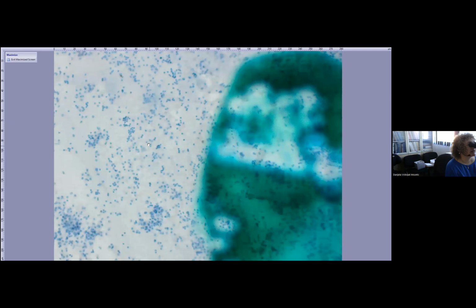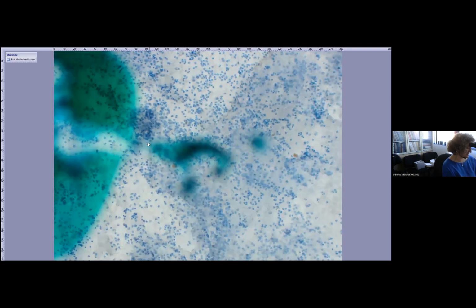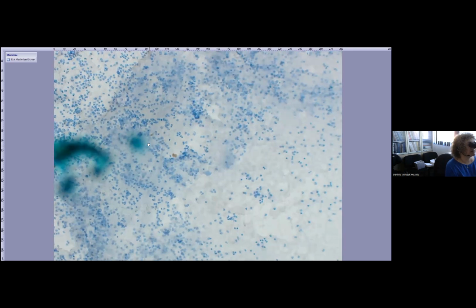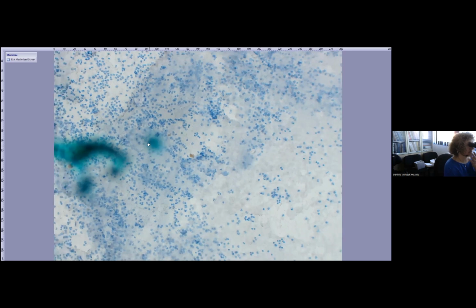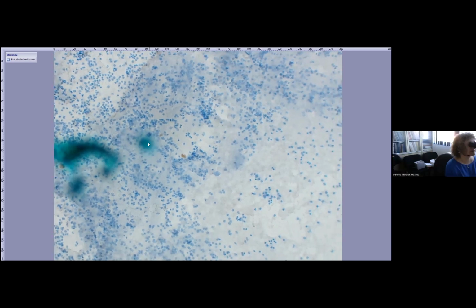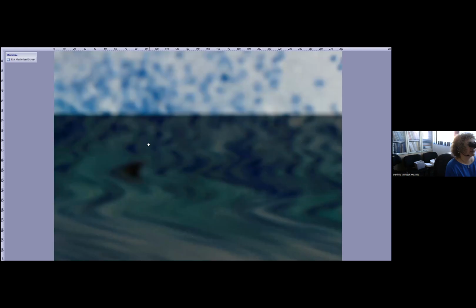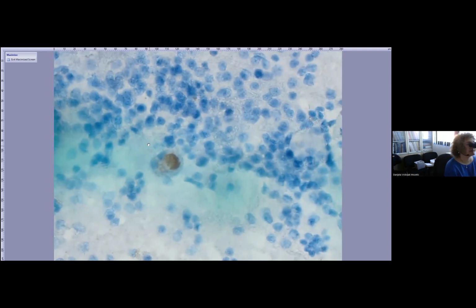So this was done on the cytospin, because the cellularity was so sparse and we didn't want to lose the cells in a cell block. So this was, let me see, CDX2. CDX2. So it's not very beautiful, but you can see one.